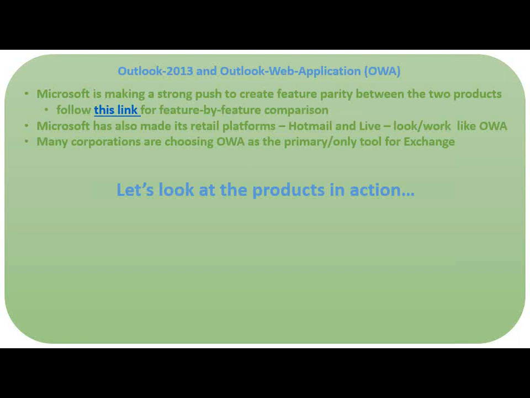If you are users of what used to be Hotmail or Microsoft Live accounts, which I think they've now rebranded as Outlook.com, this is their retail email application available for free to anybody who is interested in signing up. That user experience in Outlook.com is made very similar to OWA, and as such very similar to Outlook, which is what people use in enterprise environments. And this last bullet point is really just a fact of life.